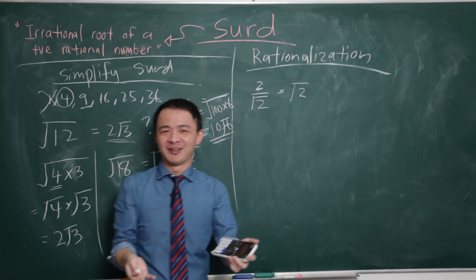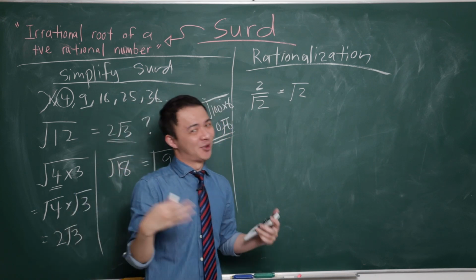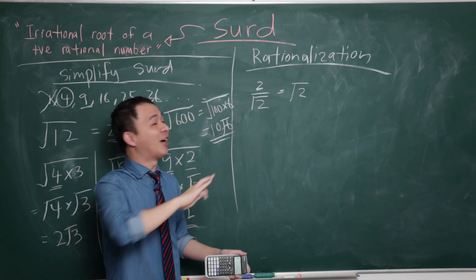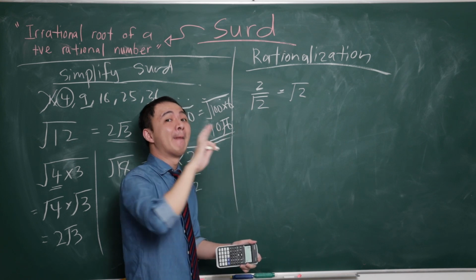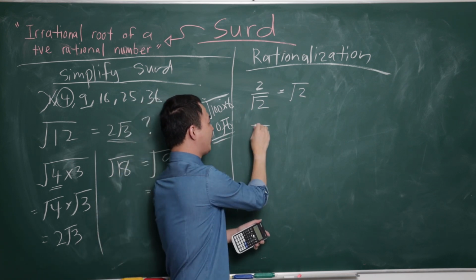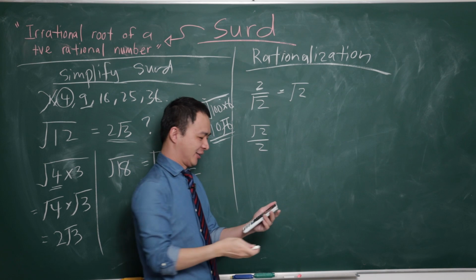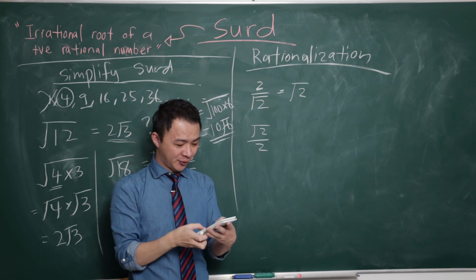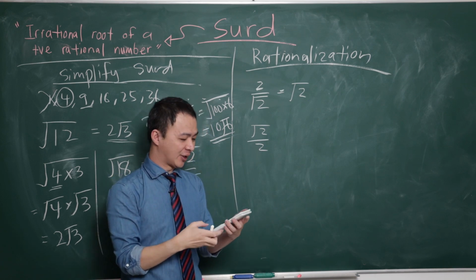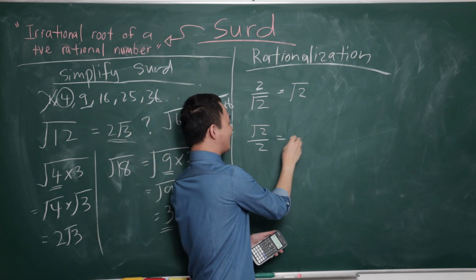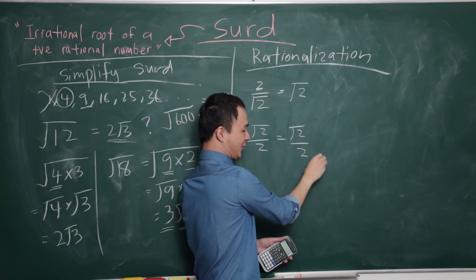If you have a modern calculator; if you use the old model, I'm sorry, you can't do this experiment, but I will explain how you get this. But if you type square root 2 over 2 in your calculator, it will tell you square root 2 over 2.